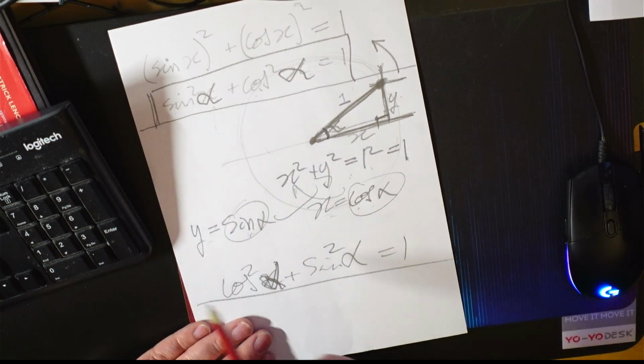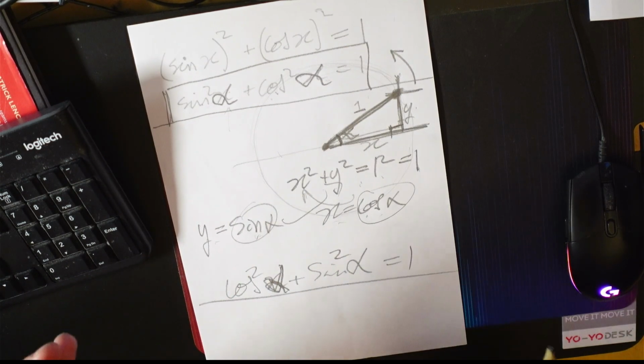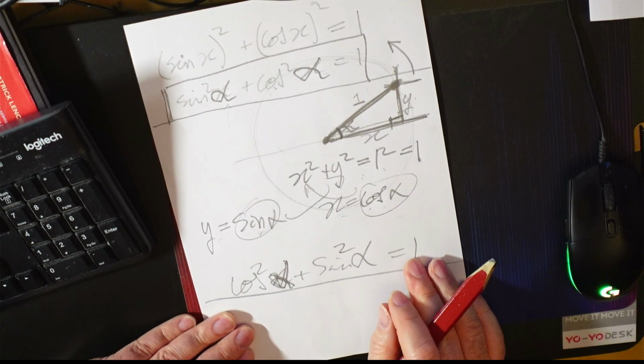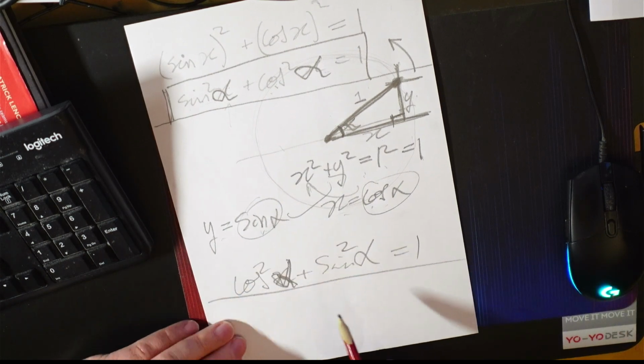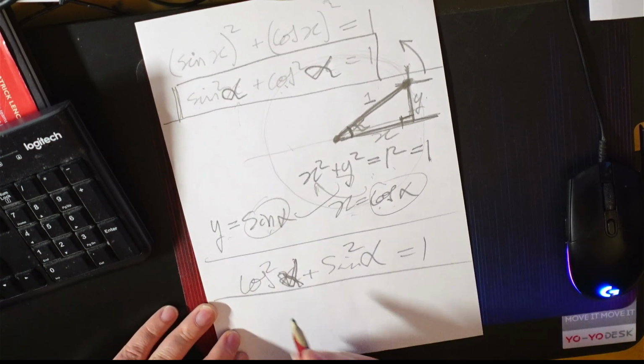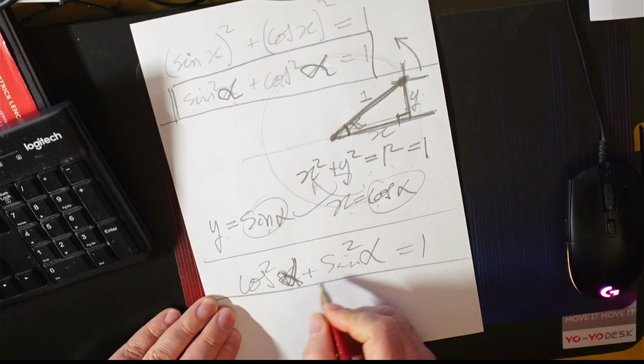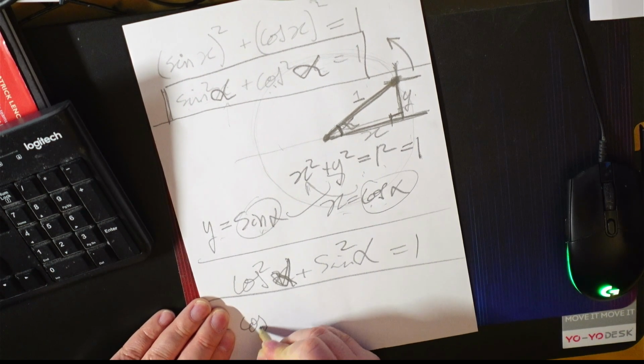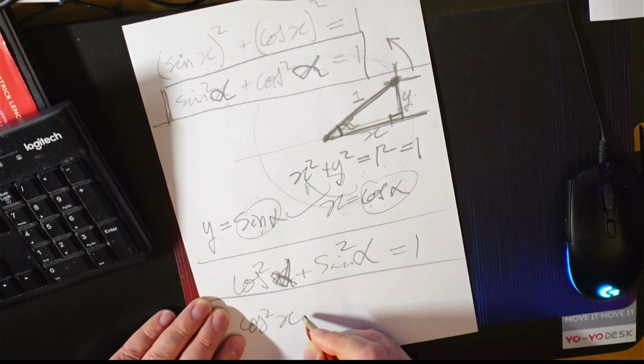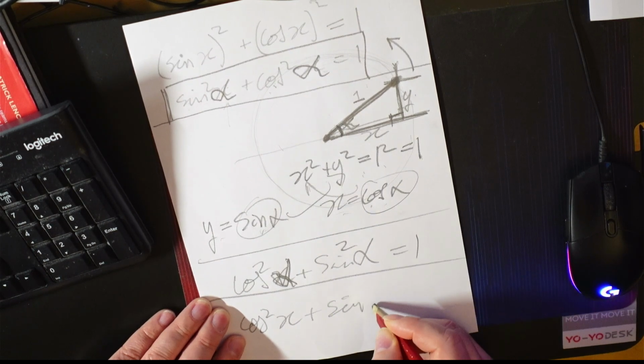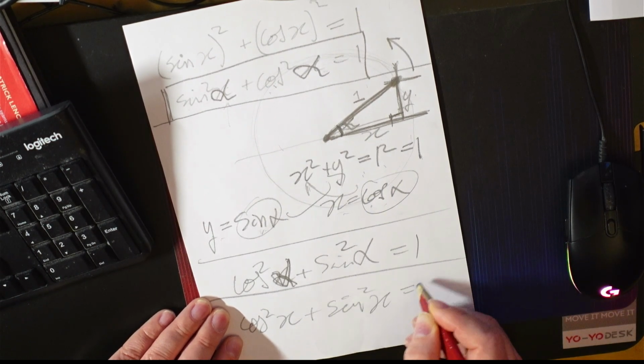to help you make sense of a lot of other stuff, like all of trigonometry and so on. But where you see this written down, you will often see it written like this: cosine of x plus sine of x equals 1.